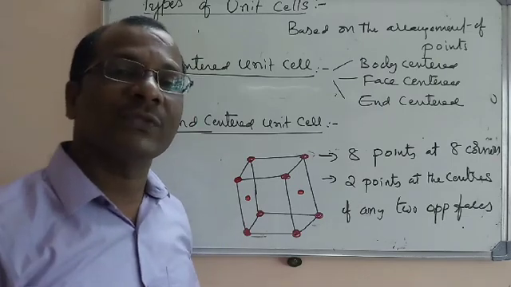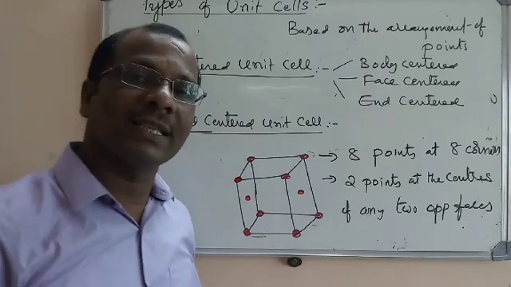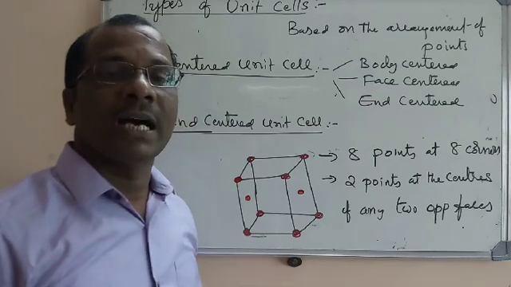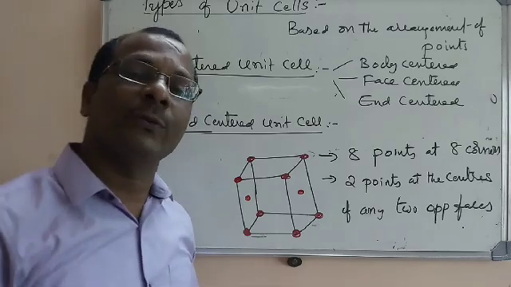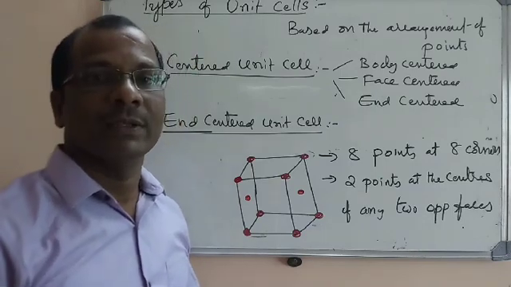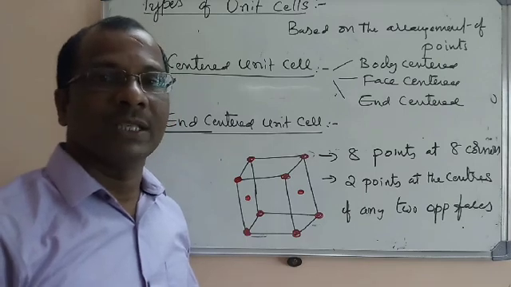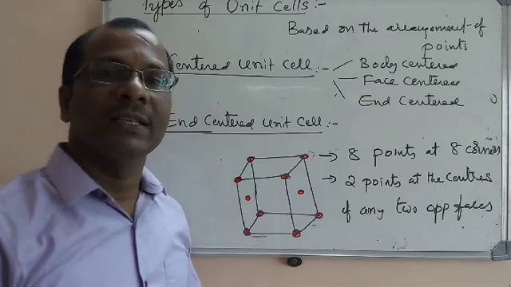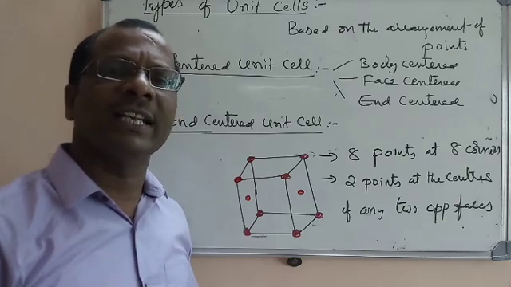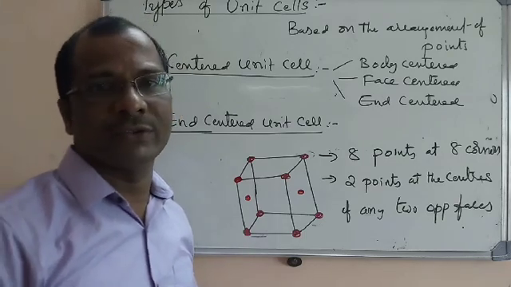So this is the classification of the unit cells based on the arrangement of the points. Once again, I quickly recall. All the unit cells will be classified into 4 types based on the arrangement of the lattice points. First one is primitive unit cell. A primitive unit cell will be formed with 8 points occupying 8 corners of the unit cell.